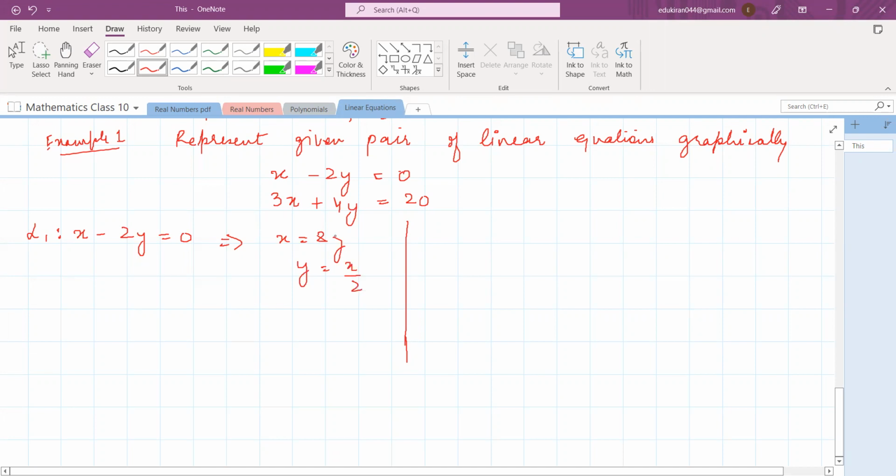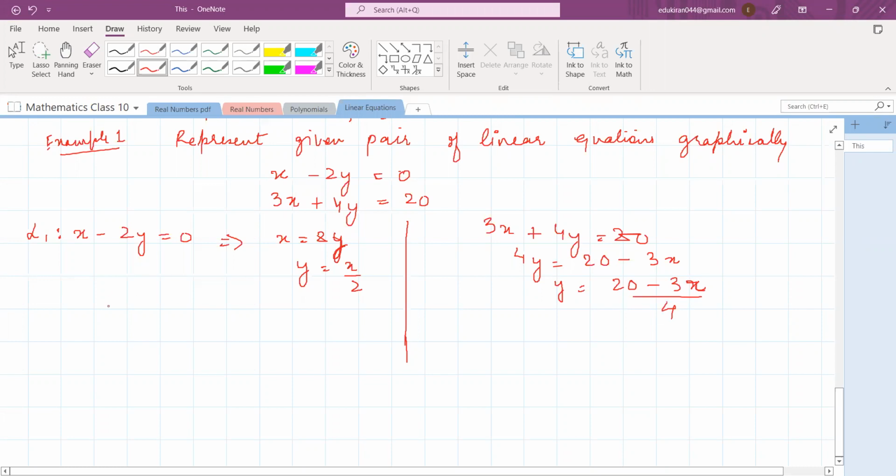Clear? Okay. And from the second, 3x plus 4y is equal to 20, so 4y will become 20 minus 3x, and my y will become 20 minus 3x divided by 4.